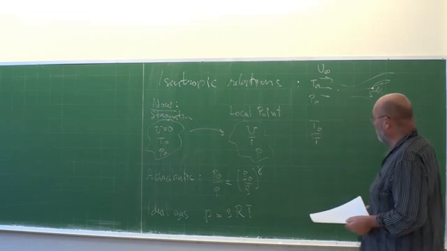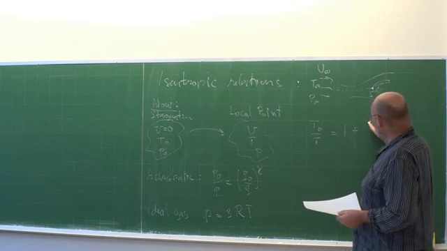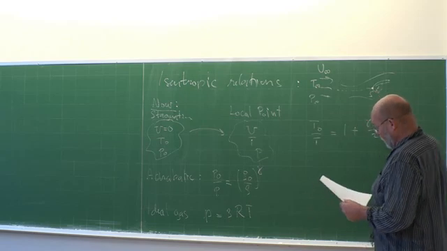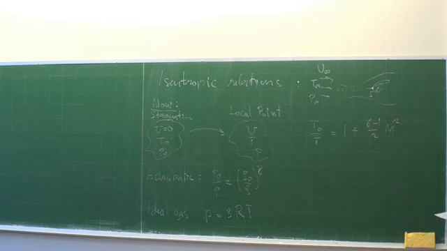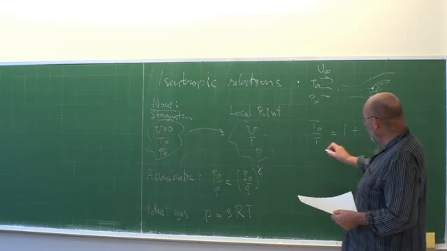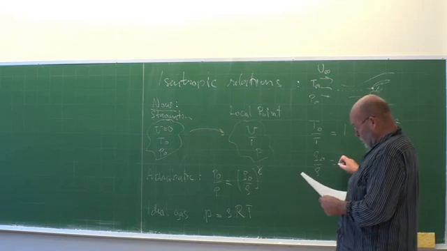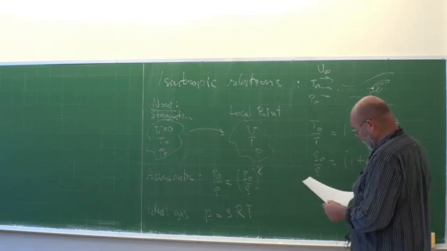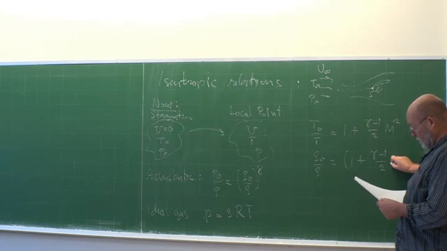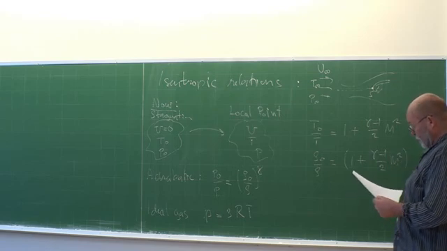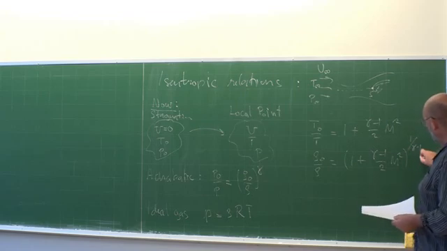So we will have the following equation system. T0 over T can be written as 1 plus gamma minus 1 over 2 Mach number squared. So that was temperature. For the density, that should be written as 1 plus the same gamma minus 1 over 2 Mach number squared, but that one is raised to the power of 1 divided by gamma minus 1.